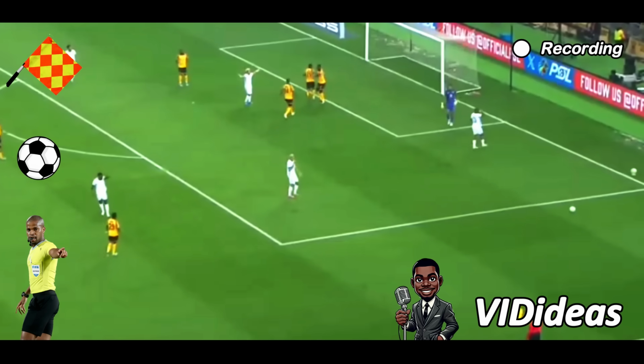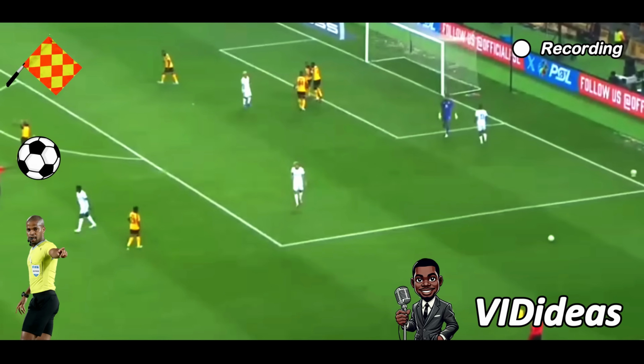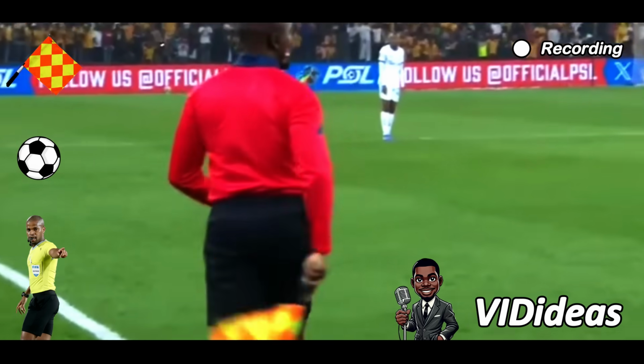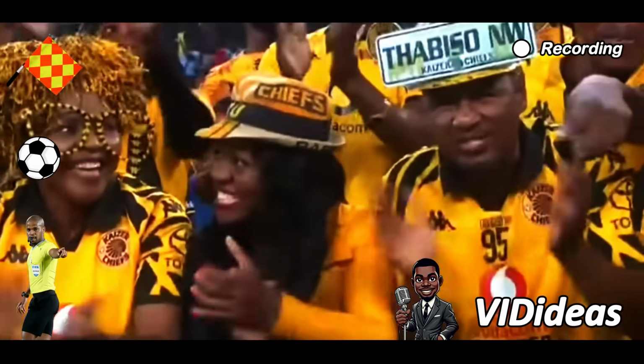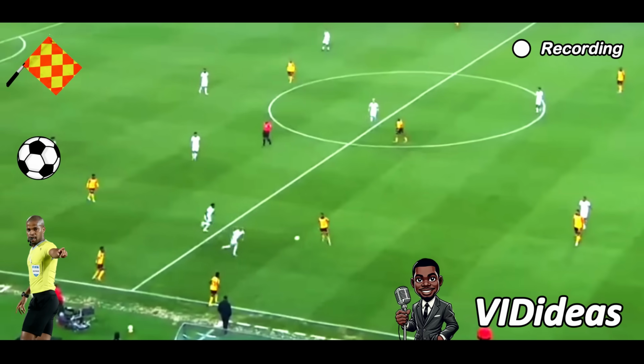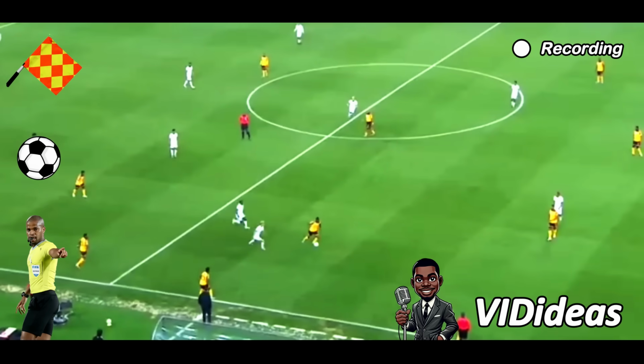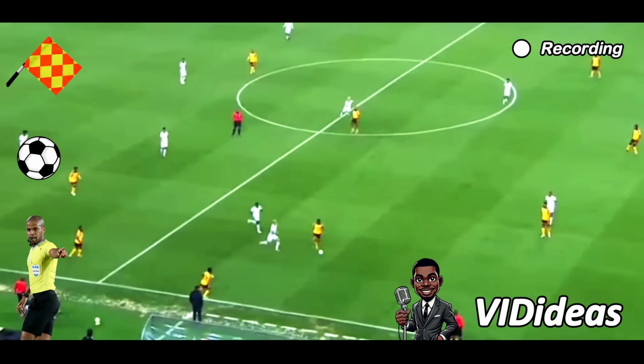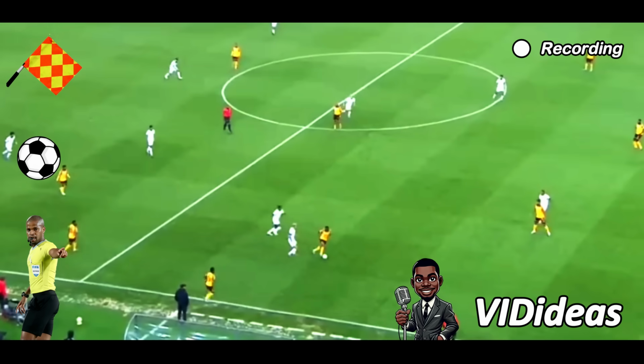He missed it, but he was judged offside by the linesman. So I want us to see what went wrong here. Was this supposed to be an offside or not? Just so we get an understanding of what is so problematic about offsides.